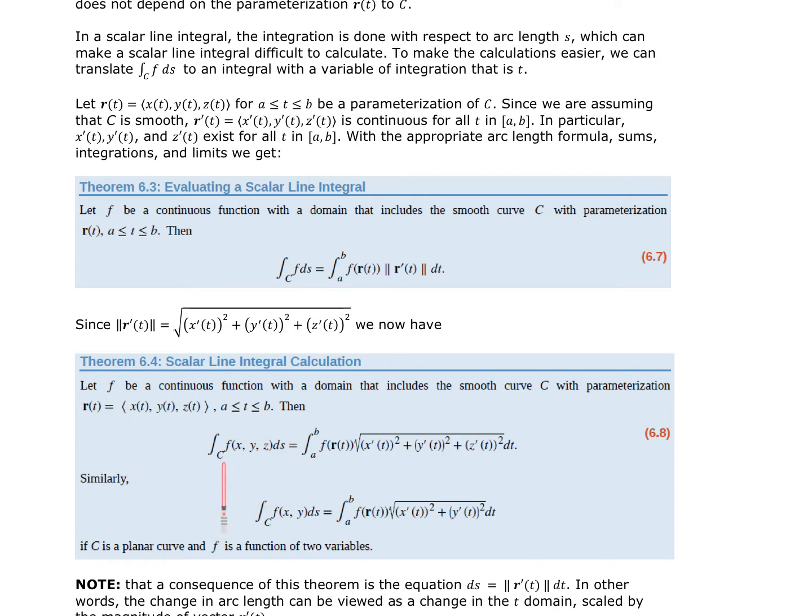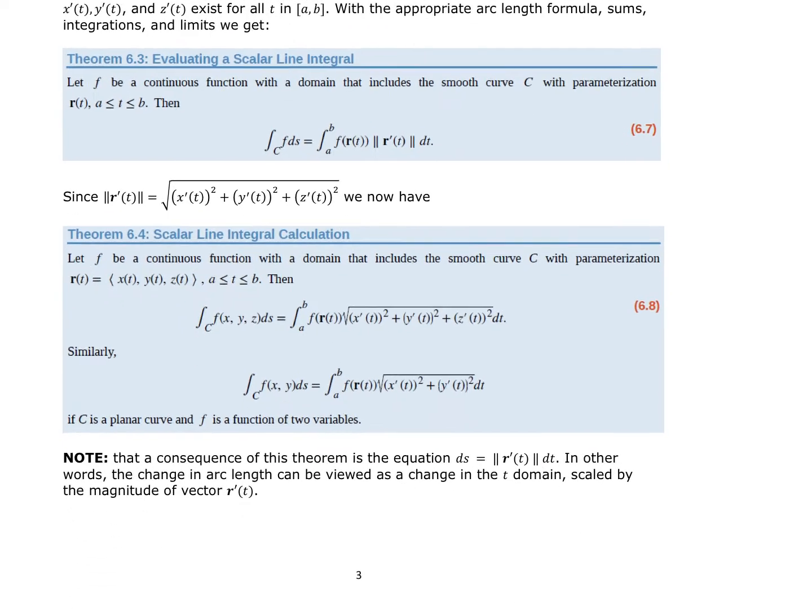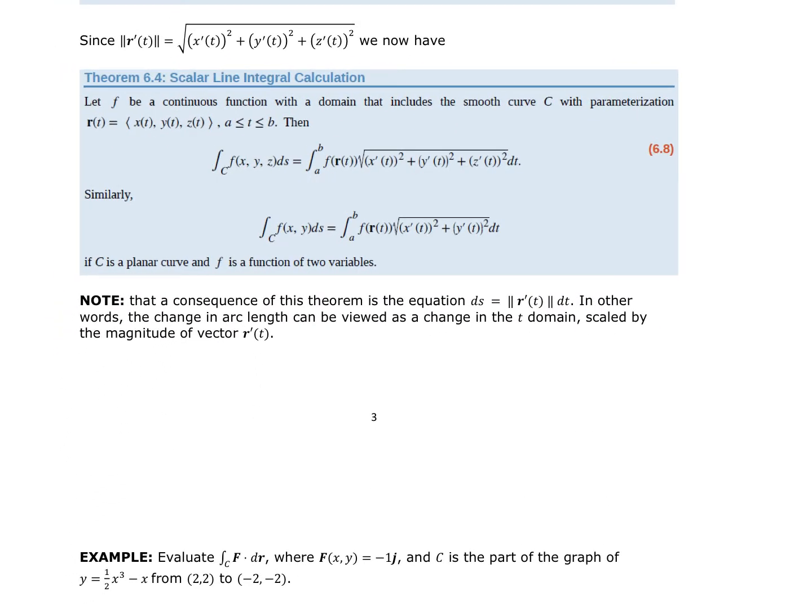Then my integration in 3 space or 2 space will take on these two formulas. The key result of these two theorems is that we can now think about the arc length as a change in the domain t scaled by the magnitude of r prime of t.